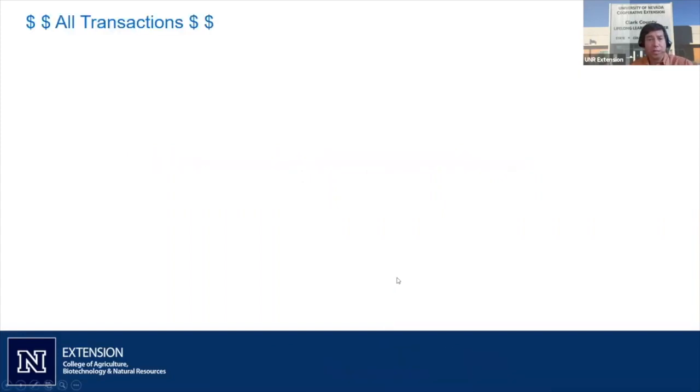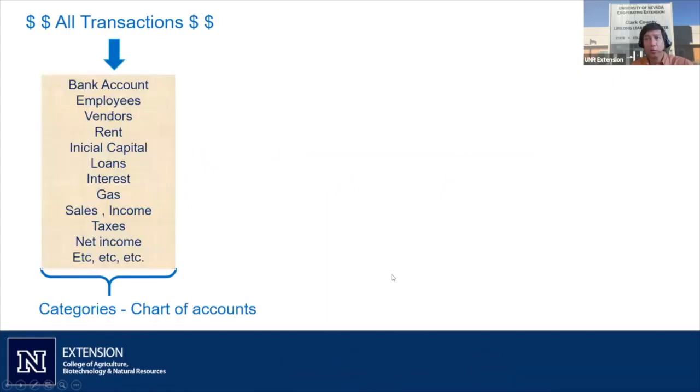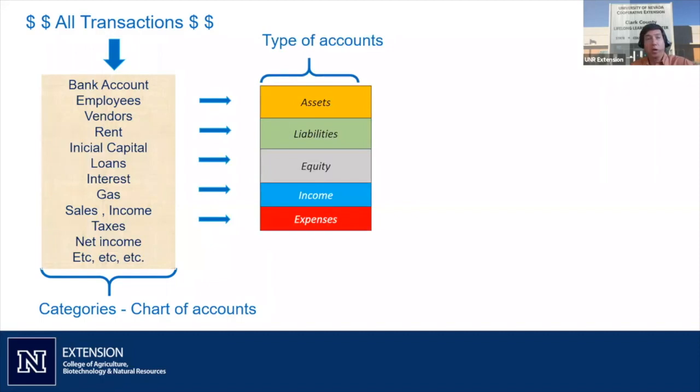Just as a review, all transactions are going to move to categories, which are the chart of accounts. This is your menu. That's how you spend money and make money. All these categories are going to belong to a type of account: asset, liabilities, equity, income, and expenses.